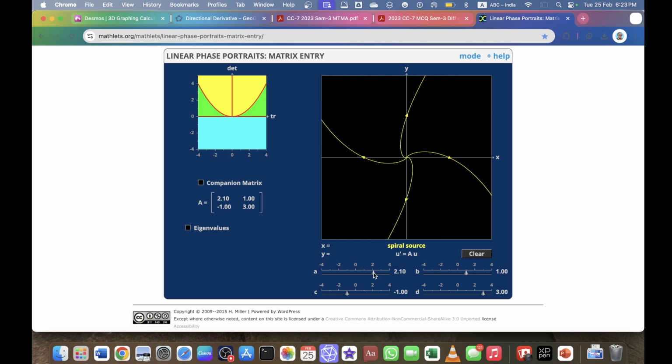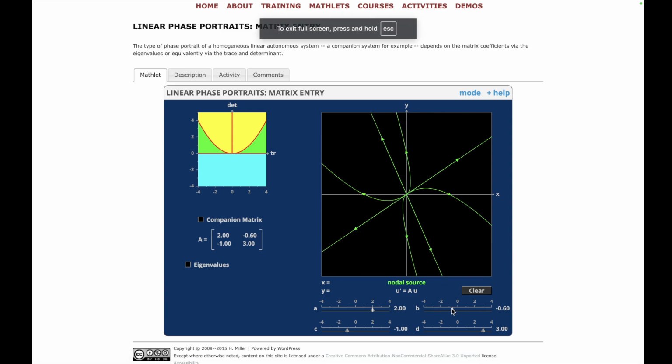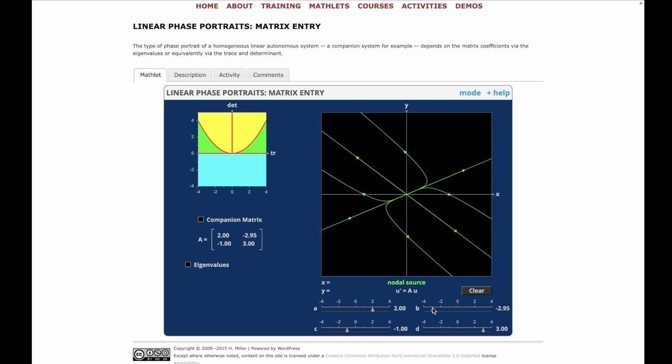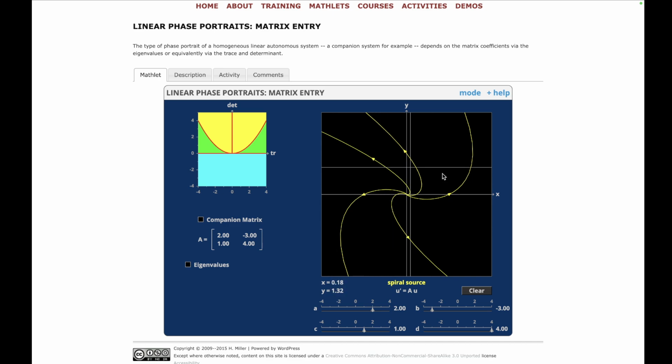You can adjust the coefficient matrix elements A, B, C, D using the sliders, and this is the phase portrait of it.